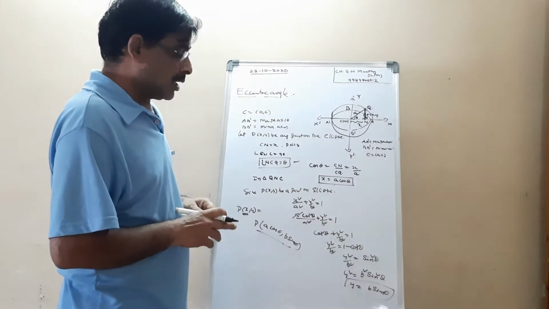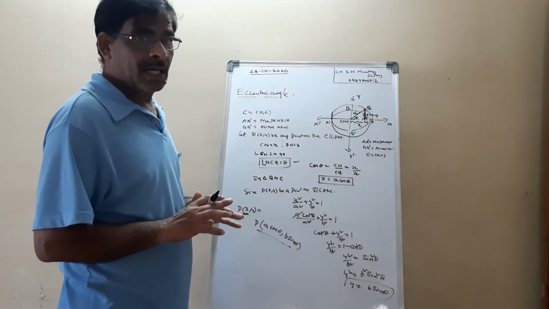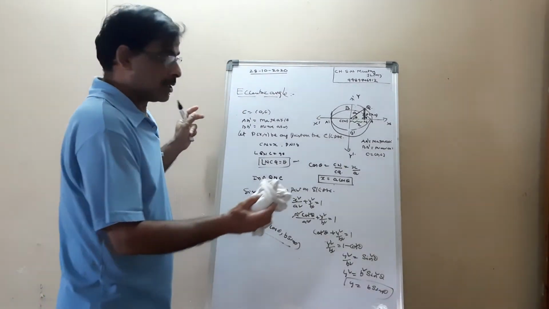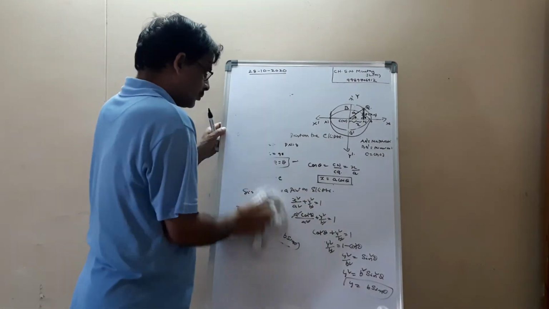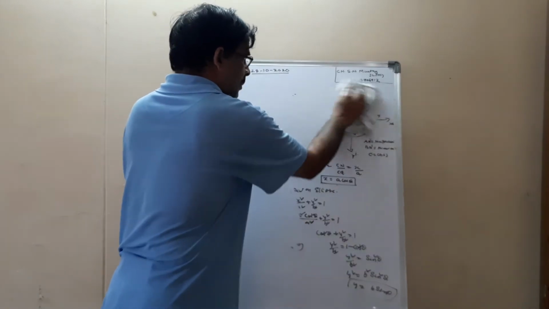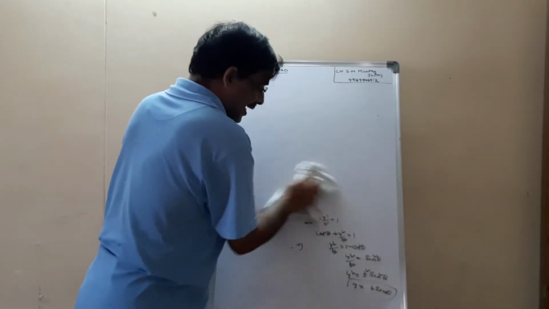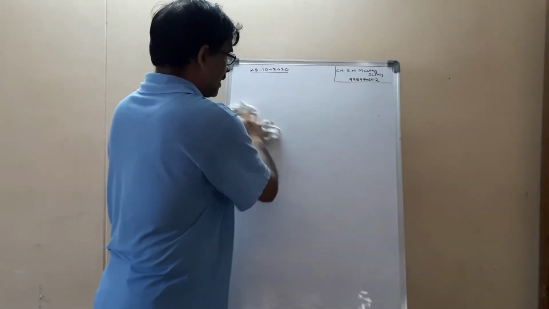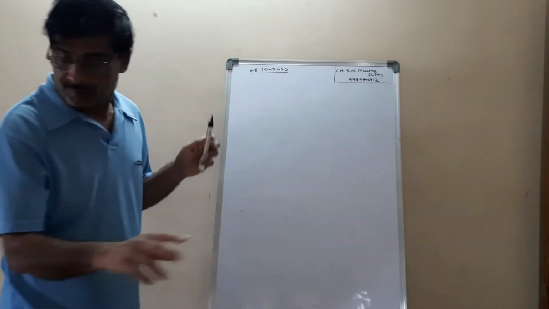Okay. Now, let me solve a problem. I will take a small problem for you, and that problem is based on the eccentric angle. So, we will solve. What is the problem? Let me write here.